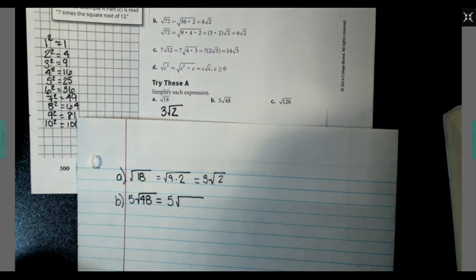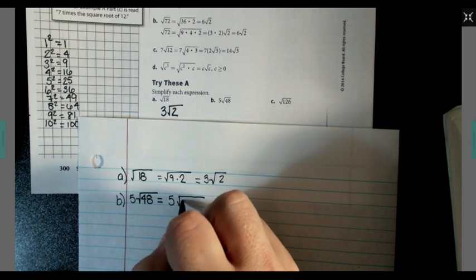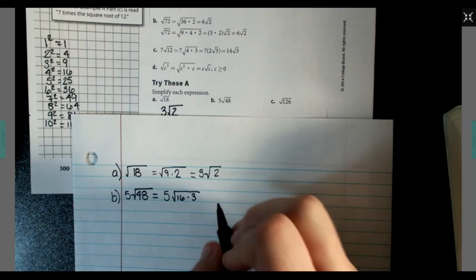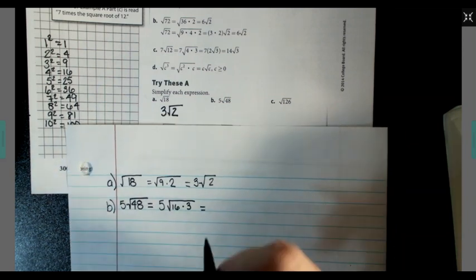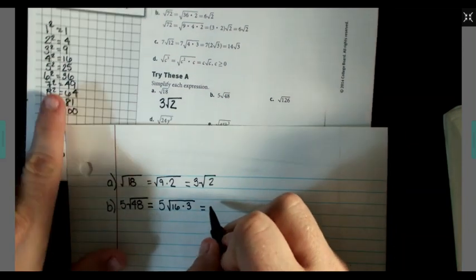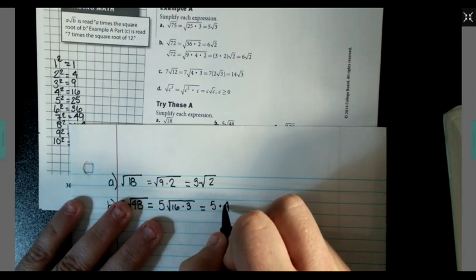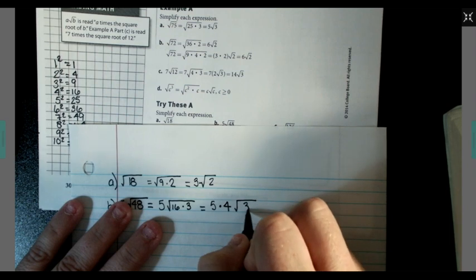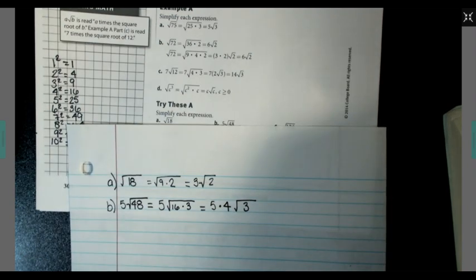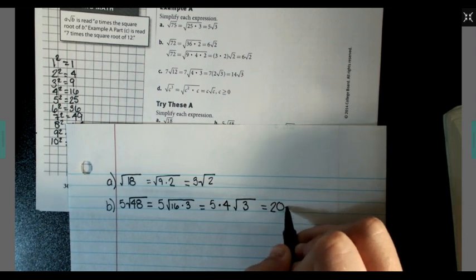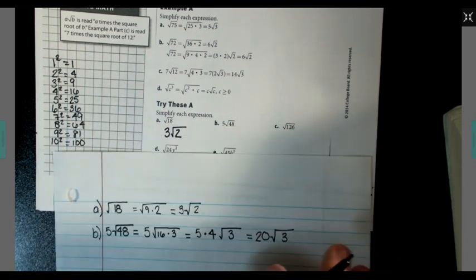Could be divisible by 16. Let's see. Yeah, I think 16 works. 16 and 3, I believe. Yep. What is the square root of 16? 4, right? So we got 5 and 4 and the square root of 3 on the inside. Well, what is 5 times 4? 20. So this would be 20 square root of 3.